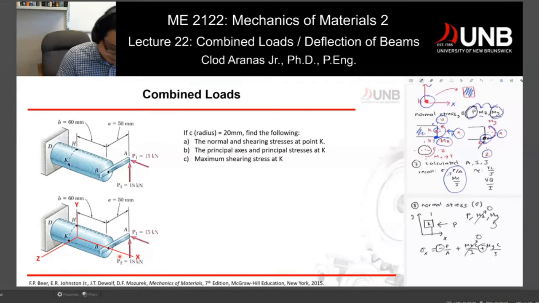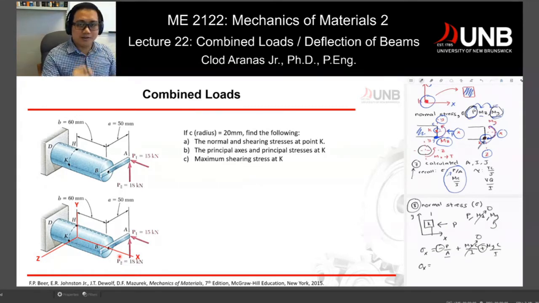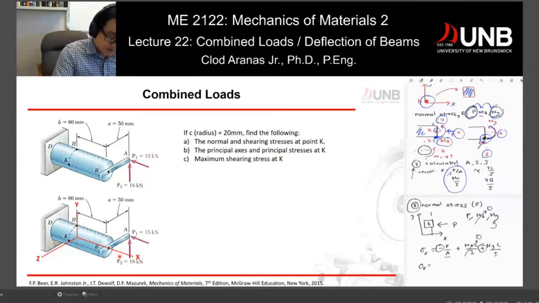Now, that's your sigma sub X. I can now substitute my numbers. I calculated my area. Take note that in the previous lecture, we numbered the different steps, and in step number 7, we calculated the area, I, and J. We have those numbers from the previous lecture.